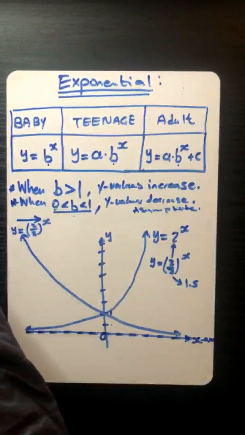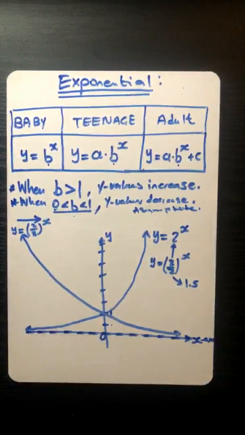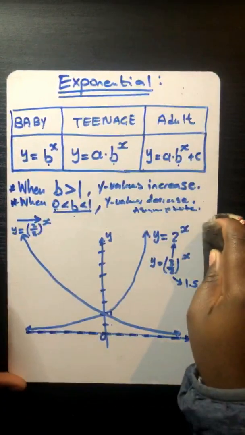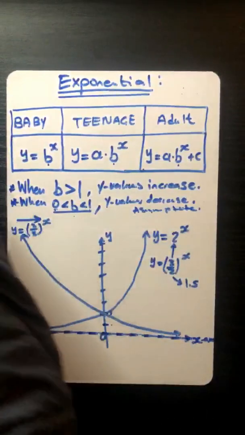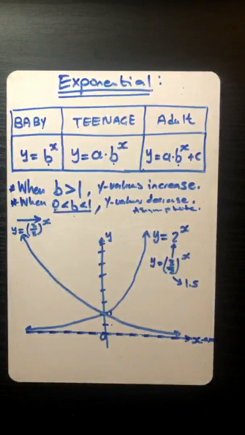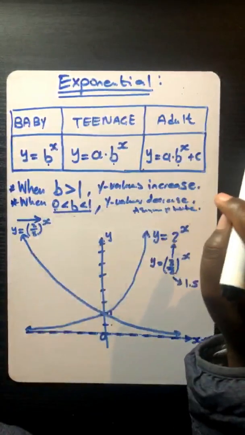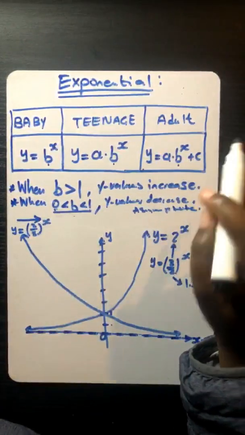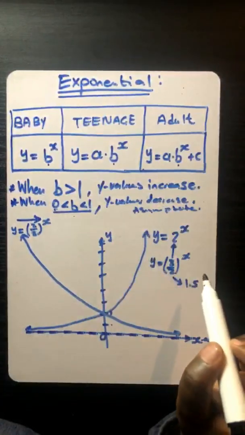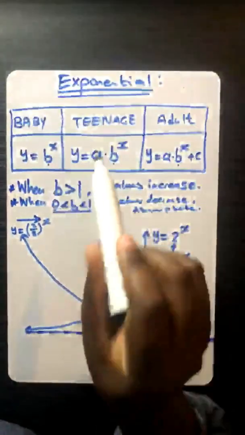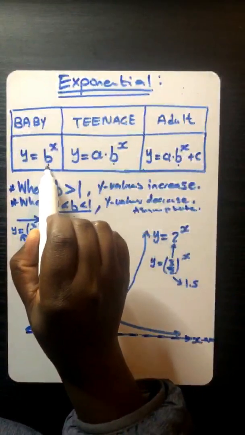So again, let's discuss something very important. Maybe let me not remove that, but use a different marking pen. Everything that I discussed regarding those two was actually the b value.